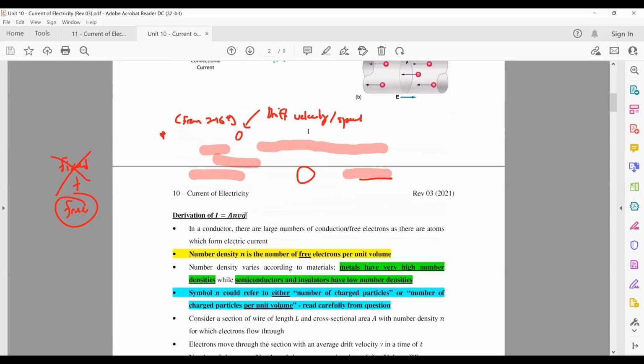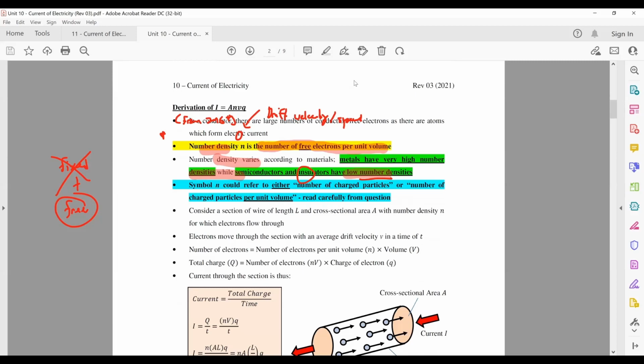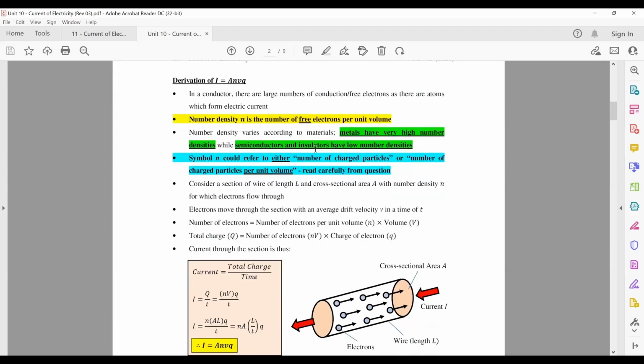Bear in mind that this is not talking about the same thing. In the previous page, the small n refers to number of charged particles, but the current one, small n, refers to number of charged particles per unit volume. Which one is it? You will need to read carefully from the question.